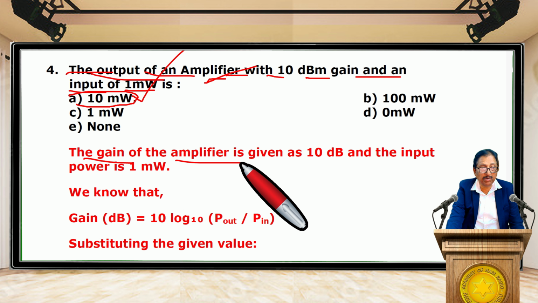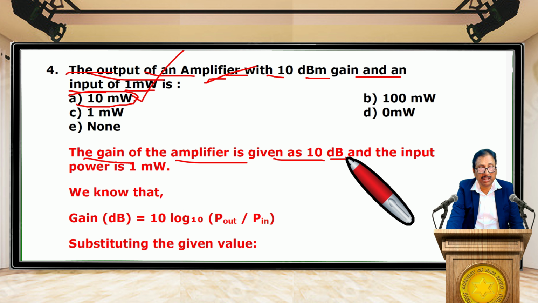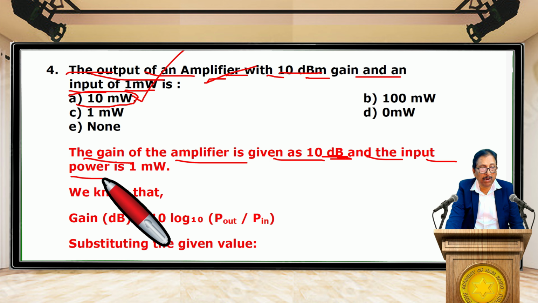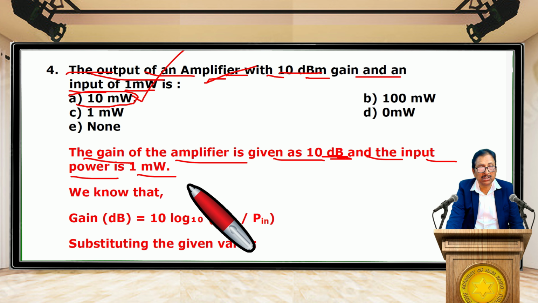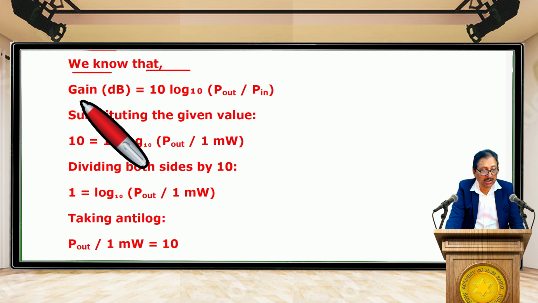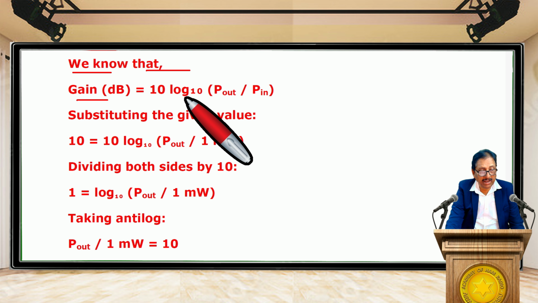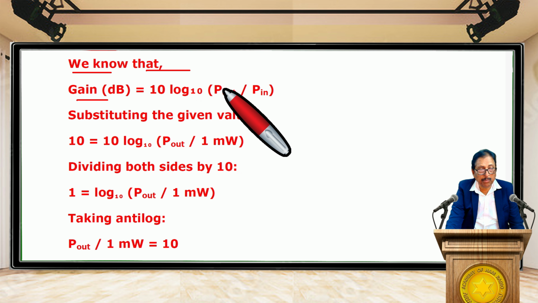The gain of an amplifier is given as 10 dB, and the input power is 1 milliwatt. We know that gain in dB is equal to 10 log P out by P in to the base 10.